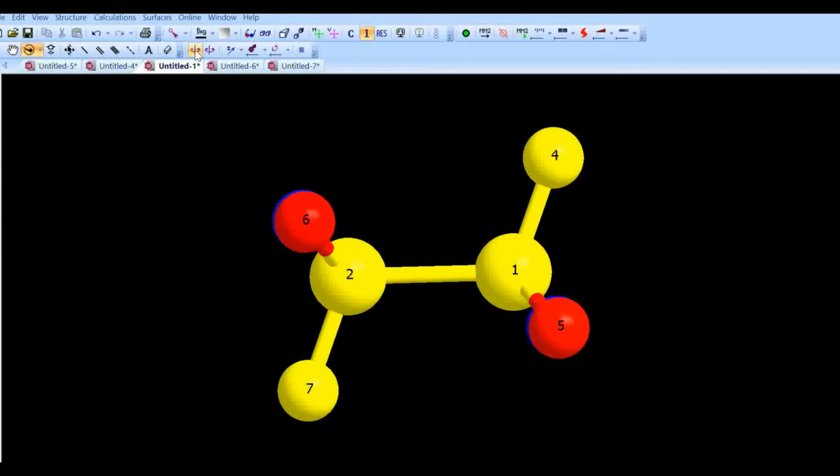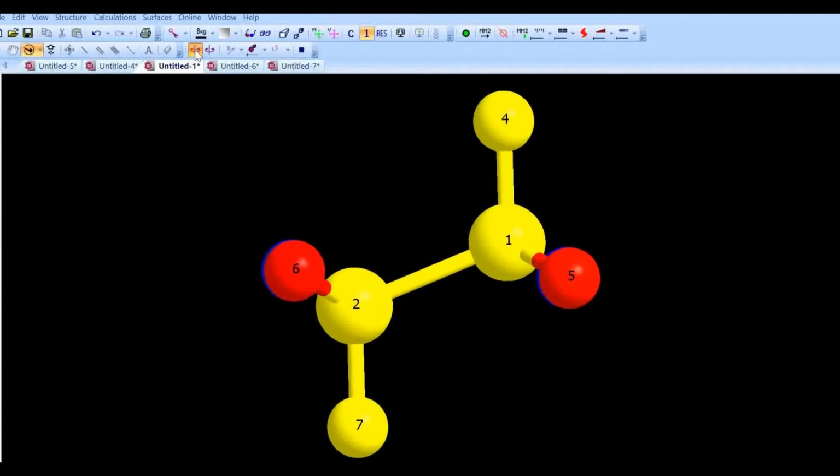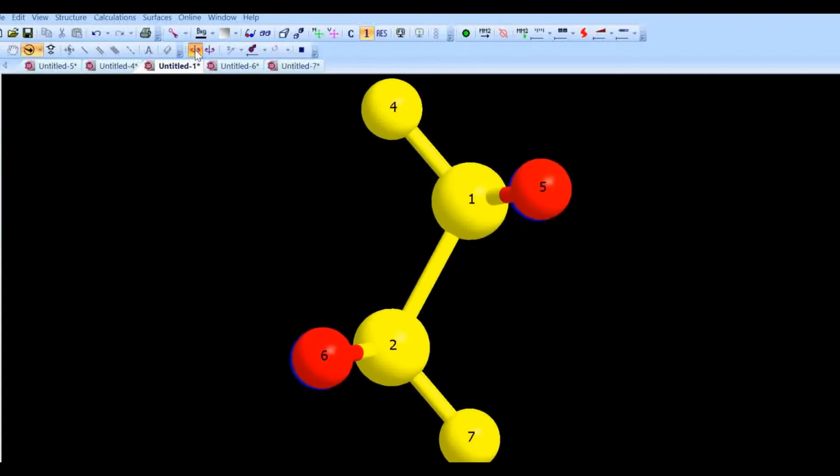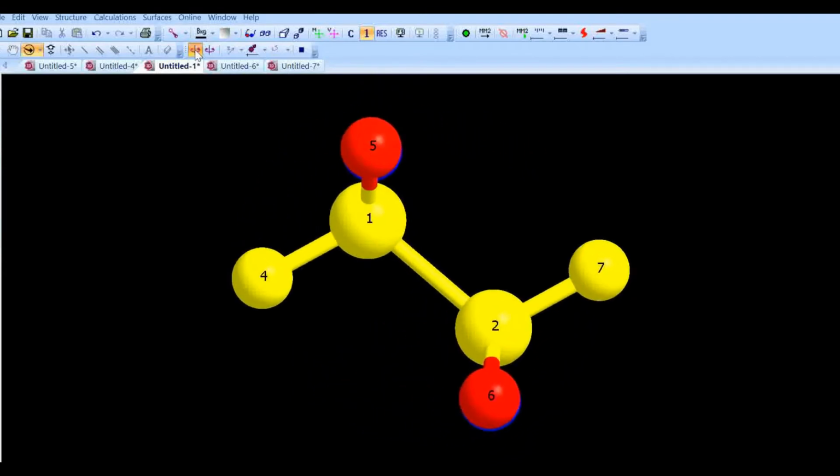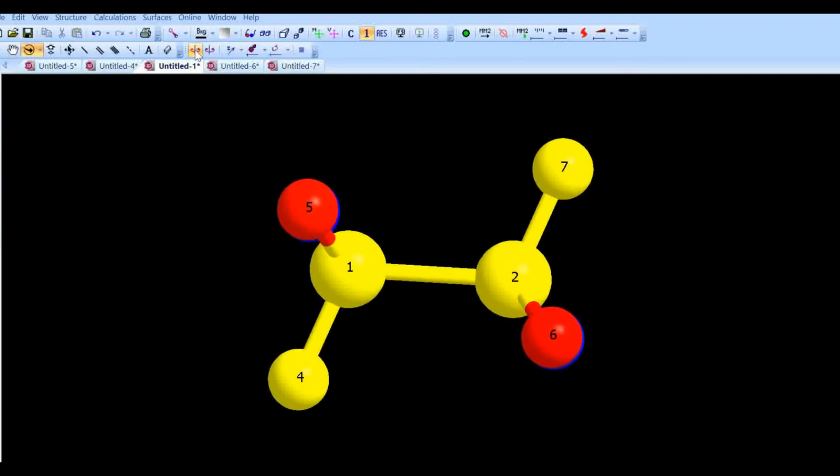See, if I rotate this molecule like this, then also at an angle of 180 degrees, you will find the same appearance.